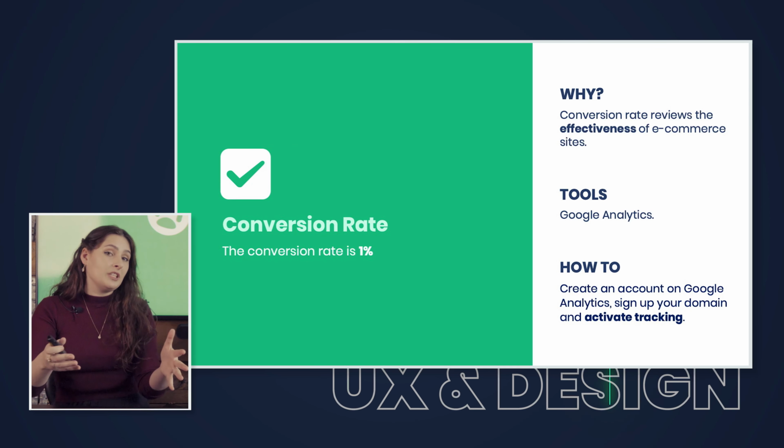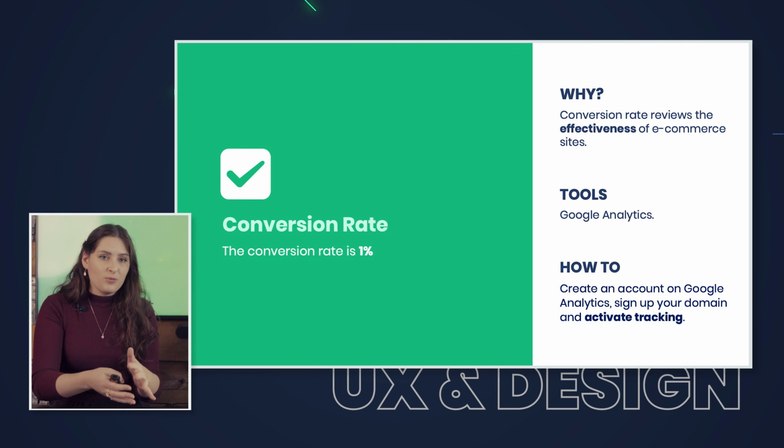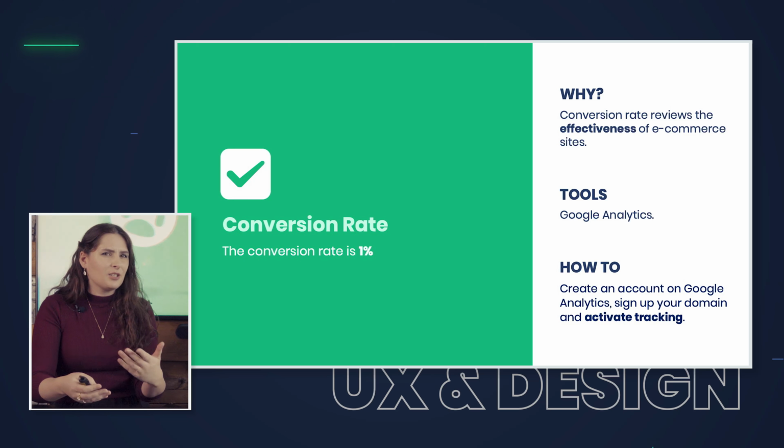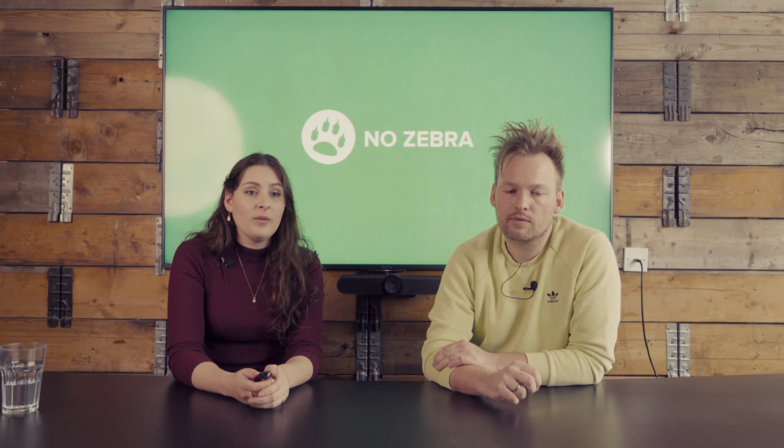So is it the conversion of the entire website, or is it just a set category? And the more direct you are with communicating this to your team, the more realistic the data is going to be that you're collecting. But this client, the B2C client, had only 1% conversion rate.